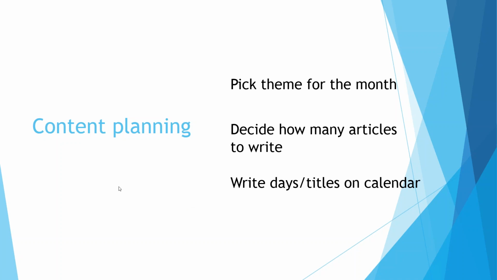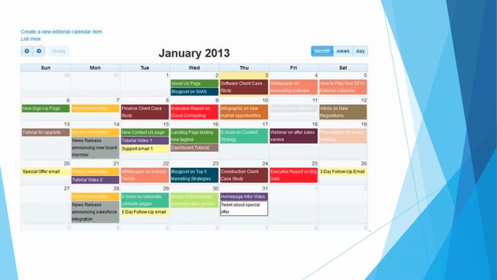Okay, so you guys good with how to plan your content? Right. And here I just have a little example of how you can even color code. So ignore what's actually written on this. This was a corporate calendar. But you can see some of their titles are color-coded so that they're the same type of article.